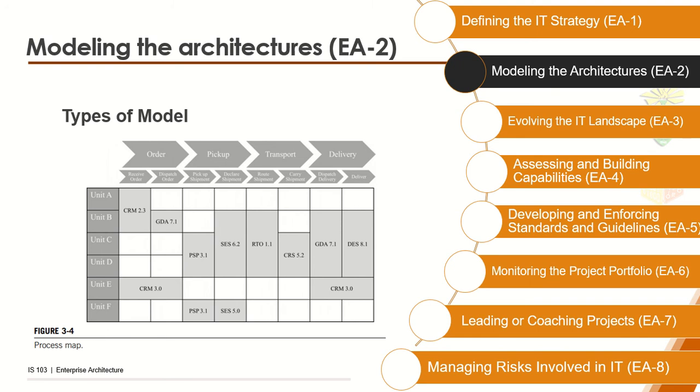It highlights, for example, that the organization unit B uses rather old 2.3 release of the customer relationship management system, whereas the unit E is already equipped with the more modern release 3.0.